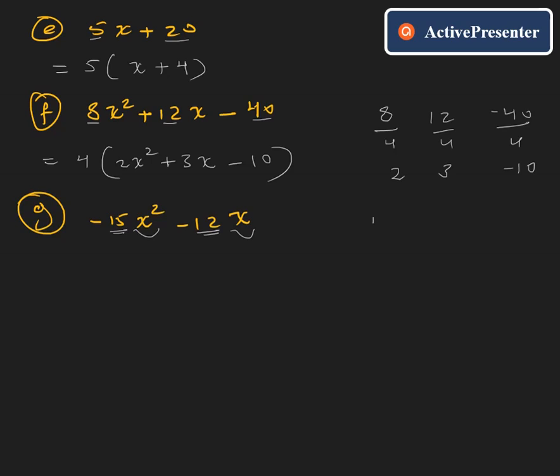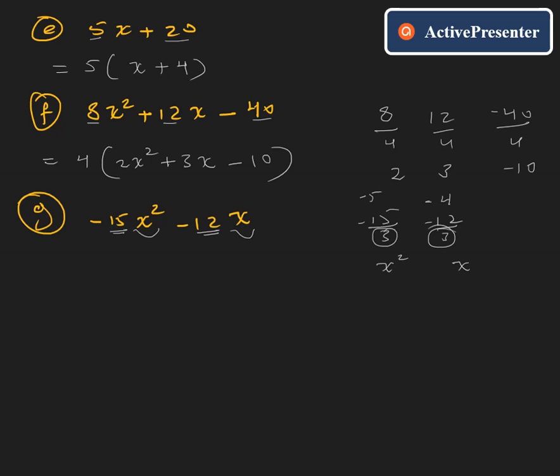For numbers, 15 and 12, okay, minus 15 and minus 12. For variables, we have x squared and x. What are the greatest that can divide them all? For this, if you divide by 3 both, we will be left here by minus 5, and here we will be left by minus 4. So 3 is the greatest that can divide them all, okay.